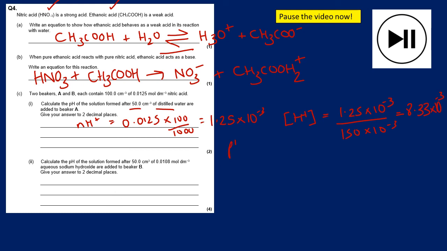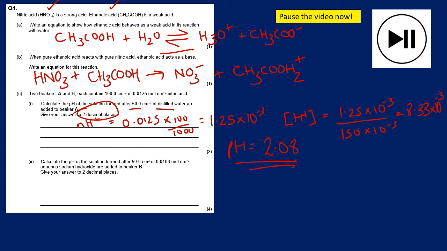And all we need to do now is work the pH out, which is minus log of H plus, so minus log of 8.33 times 10 to the minus 3 comes out 2.08. Must be 2 decimal places, look. That's 2 marks. 4 marks for the next one though, so there's obviously an awful lot more going on here.